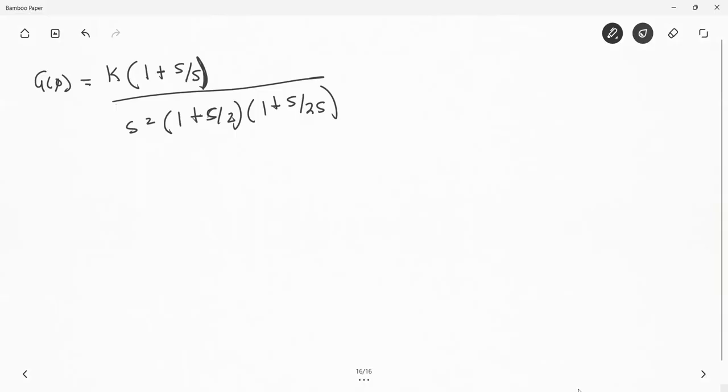Now, if I have to write this in the time constant form, what I need to do here is, for 1 by 5, I will take out s by 5. I can multiply this equation by 5 and divide it by 5 also.